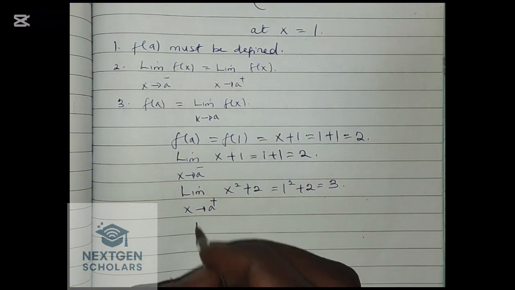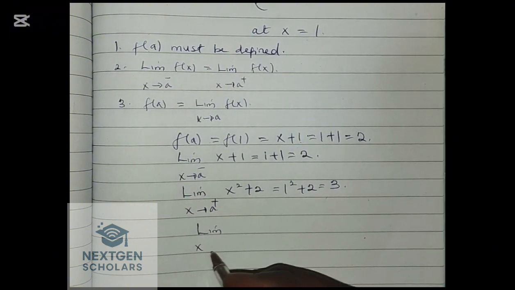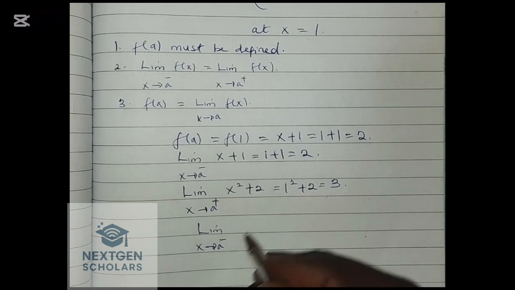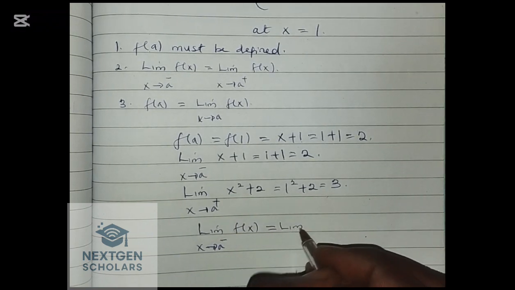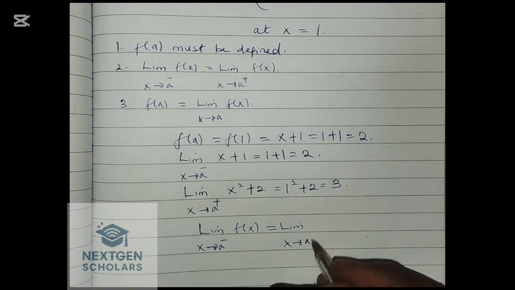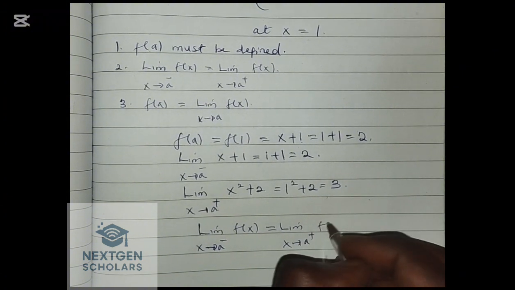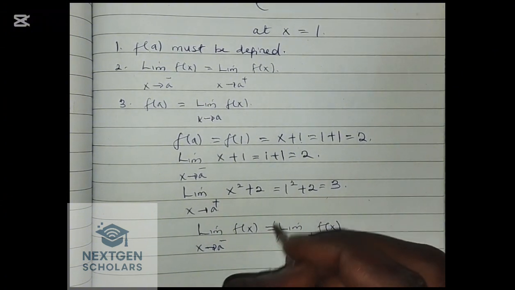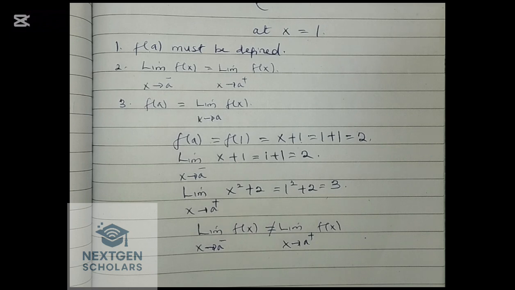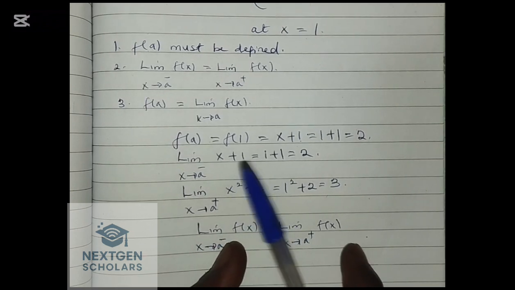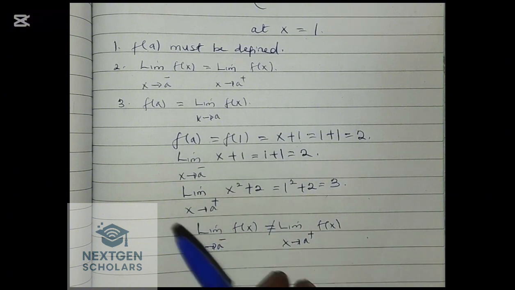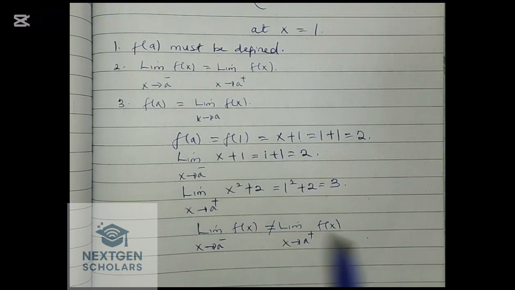So in this case we can say the limit as x approaches a from the left of f of x does not equal the limit as x approaches a from the right of f of x, but f of a is defined. This kind of discontinuity is what we call the jump discontinuity, and trust me, it cannot be fixed the way we did in the last video.